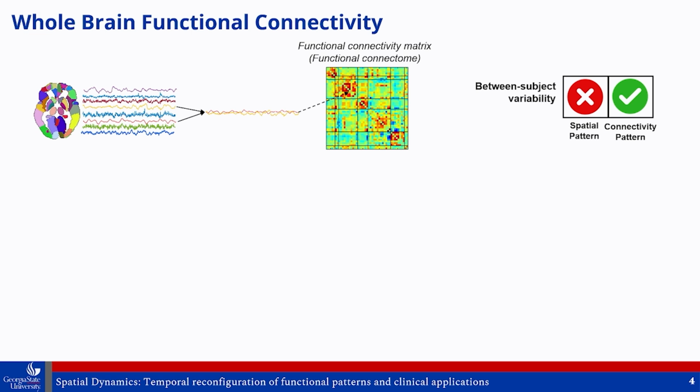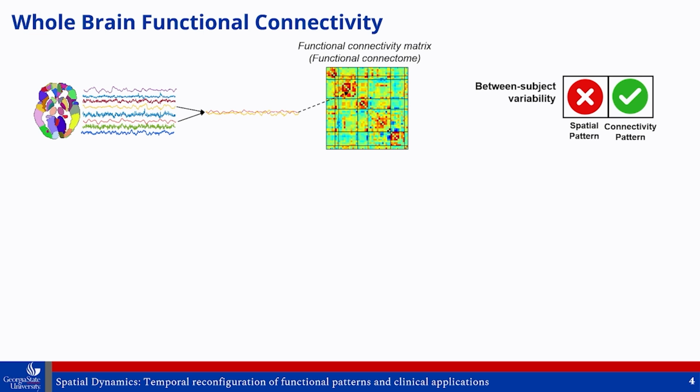Given that the estimation of these time courses and their functional connectivity depends on the estimation of these functional sources, accurate estimation of these functional sources is necessary. If we have inaccurate estimation of these spatial patterns, it may lead to suboptimal estimation of these time courses and therefore their functional connectivity.